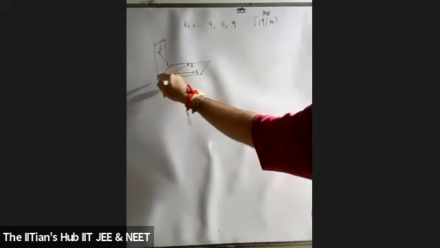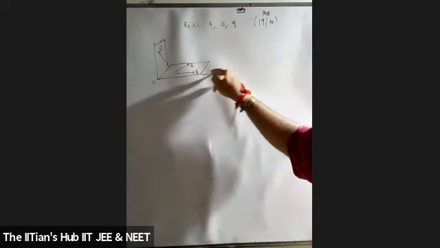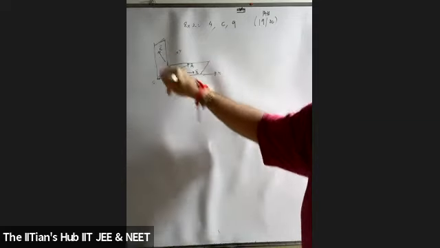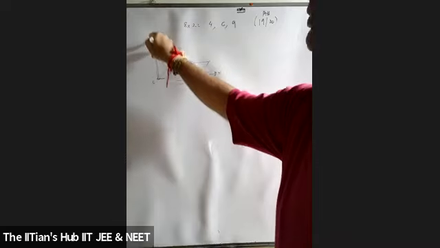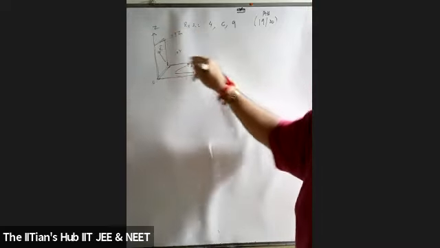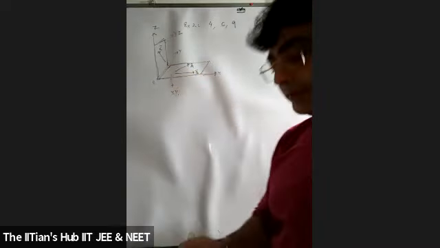Now, if I take this as my origin, this I'll take as the x-axis, this I can take as the y-axis, and this as the z-axis. So students, this is the YZ plane and this is your XY plane. Yes, Piyu, explain.